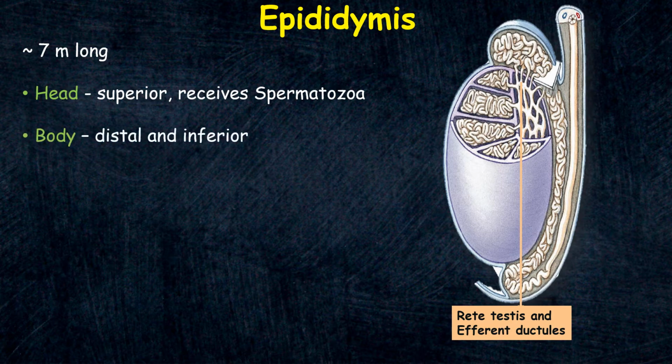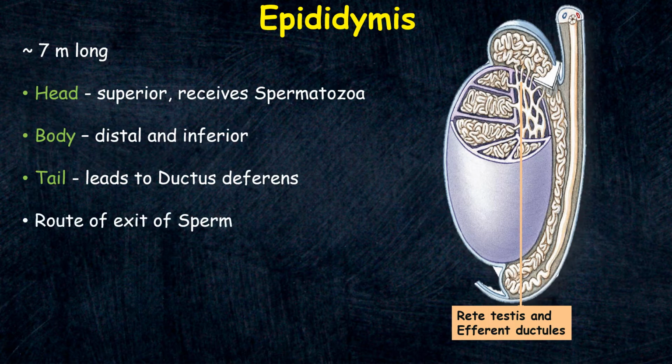The body and the tail, in the inferior portion, lead on to the ductus deferens. The efferent ductules transport the sperm from the rete testis to the epididymis, where they get stored. The sperms remain viable for a month in the epididymis.